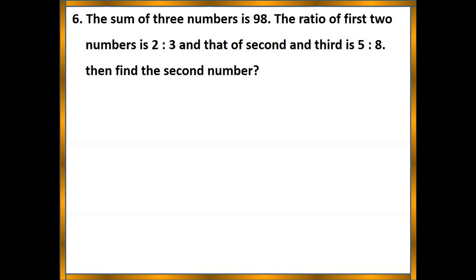So here 2:3 is the ratio between A is to B, and 5:8 is the ratio between B is to C. Is it possible to find the value of A is to B is to C? First of all, Anupam, what is the value of A is to B is to C? So 2 5s are 10, 3 5s are 15, and 3 8s are 24. We know how to convert the ratio into the numbers: 10x, 15x, and 24x.